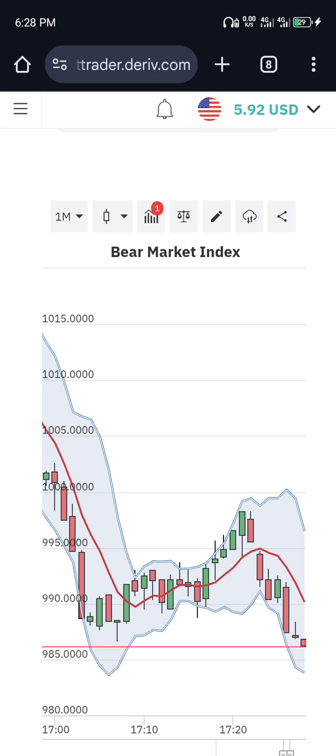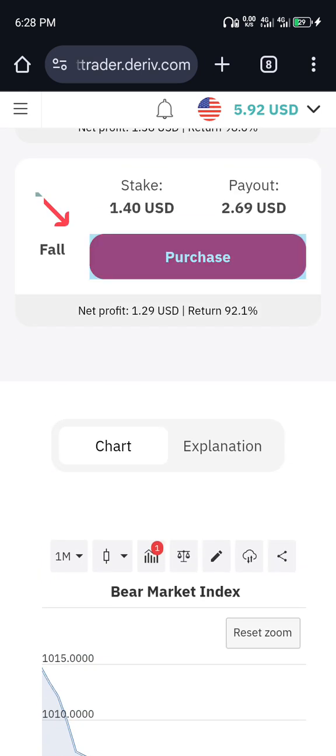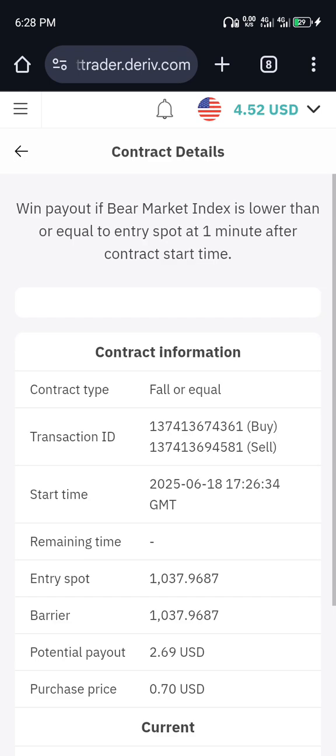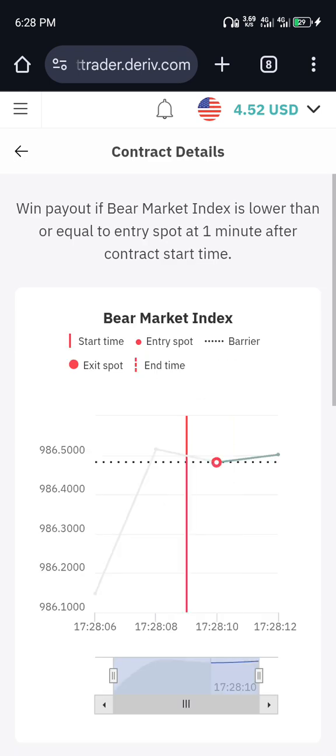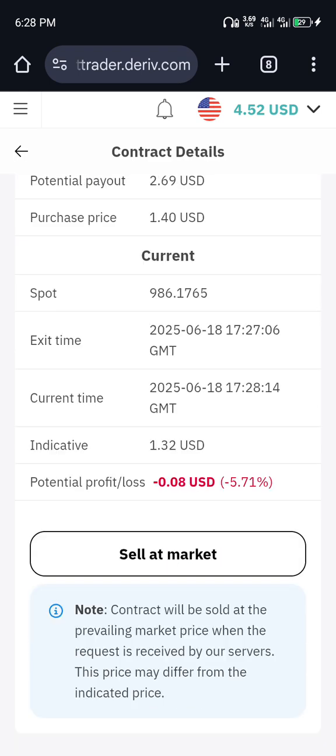Okay, we can follow while we keep our eyes on the sell at market. Our stop loss is 60 cents, while our take profit is $1.20.